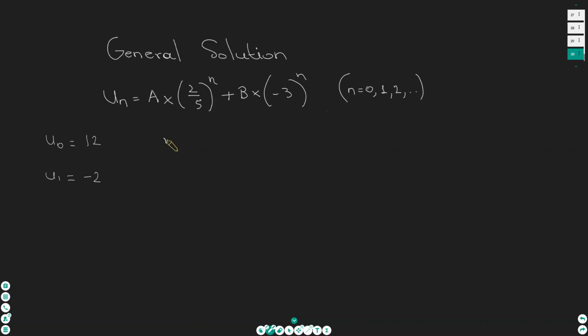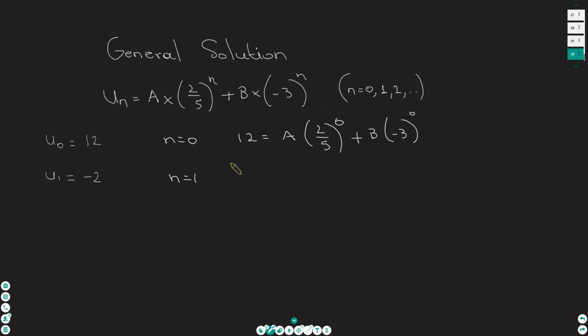So first I start with n equals 0. So u0, which is 12, is equal to a times 2 over 5 to the power of 0 plus b times negative 3 to the power of 0. The second term is negative 2. So this is when n is 1.